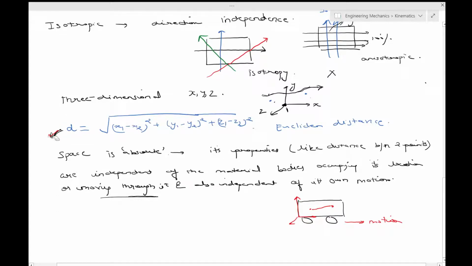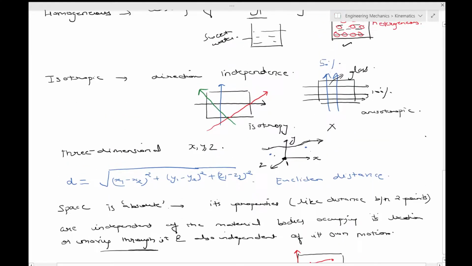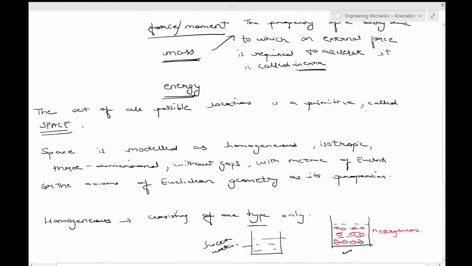So this is how we understand that the space is absolute. Its properties, like the distance between 2 points, are independent of the material bodies occupying its location or moving through it, and are also independent of its own motion. Okay, I hope this is clear. Now let's move on to the next topic.